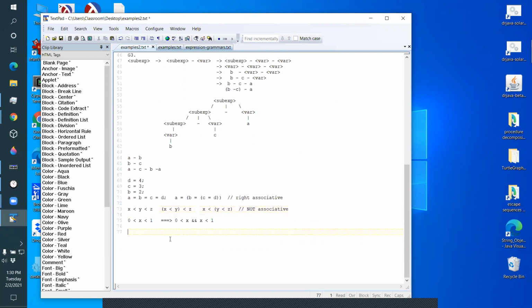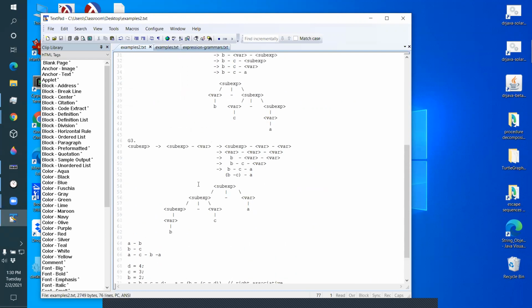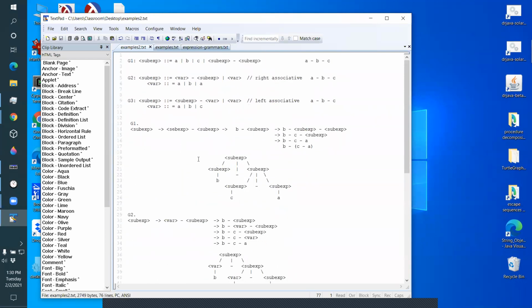All right. Now, the other thing we want to work on is not just associativity, but precedence. This has only got one operator, and it doesn't matter. In all these examples, he just happened to use a minus sign. You could put a plus there, or a multiplication, or a division. There's only one operator.